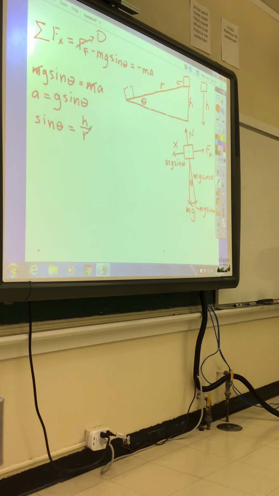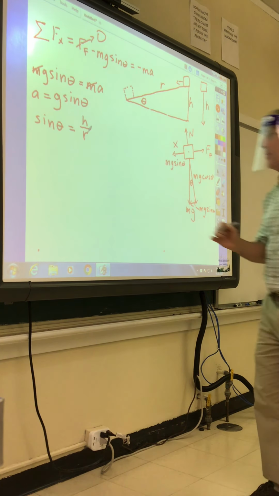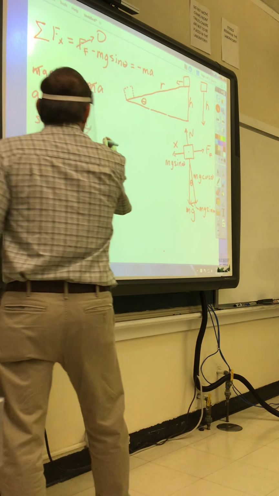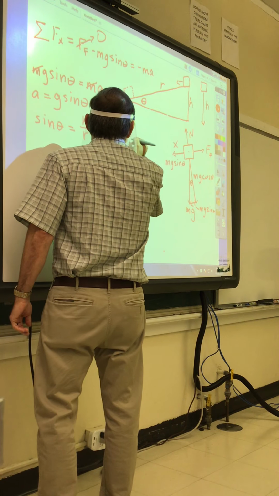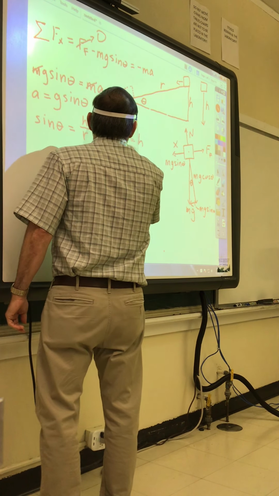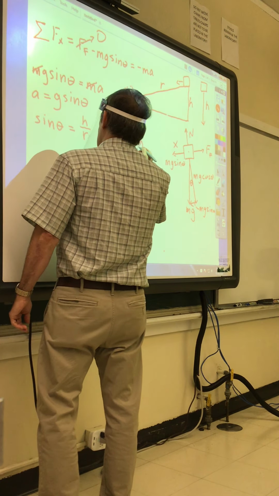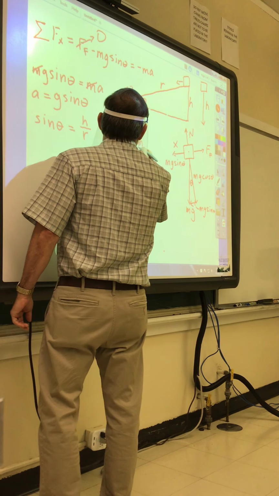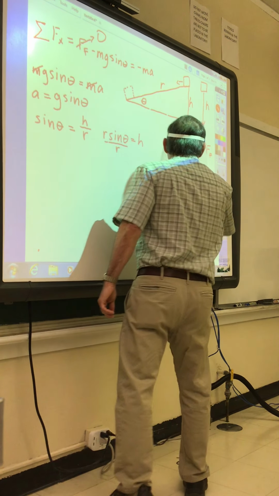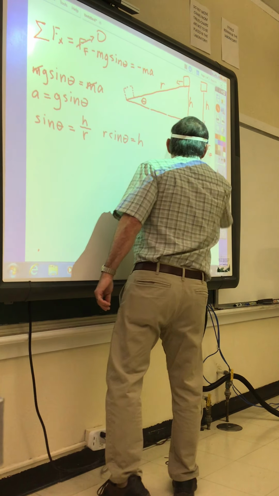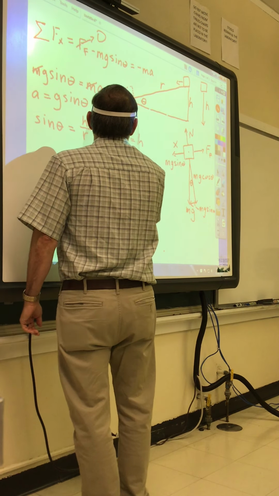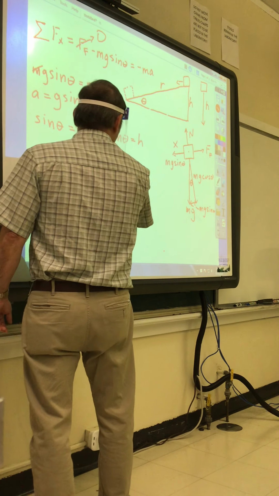I'm interested in R, not so much H, because R is the distance that's covered. So what I'm going to do is multiply both sides by R, so that's going to give me R sine theta equals H. Then I'm going to divide through by sine theta.